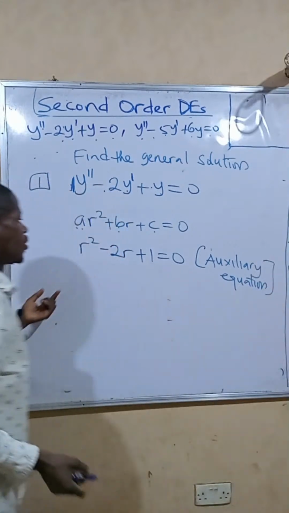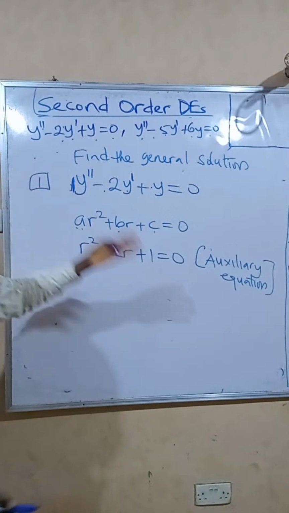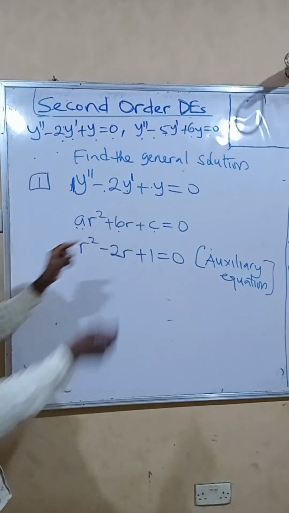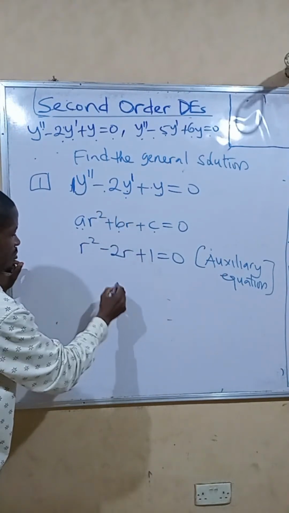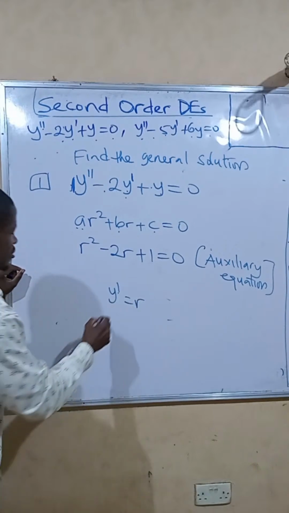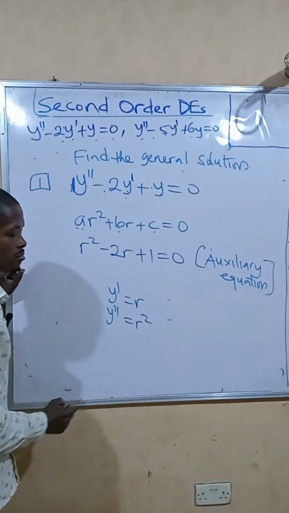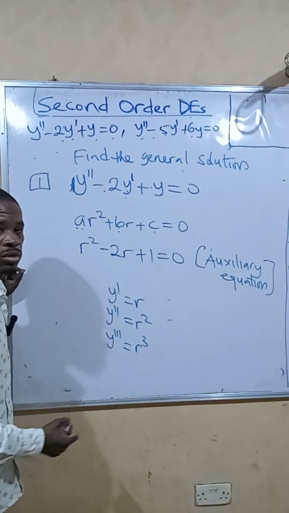Or you can make it this way. The first differential, y prime, will be r. The second differential, y double prime, will be r squared. The third differential will be r cubed, and so on.